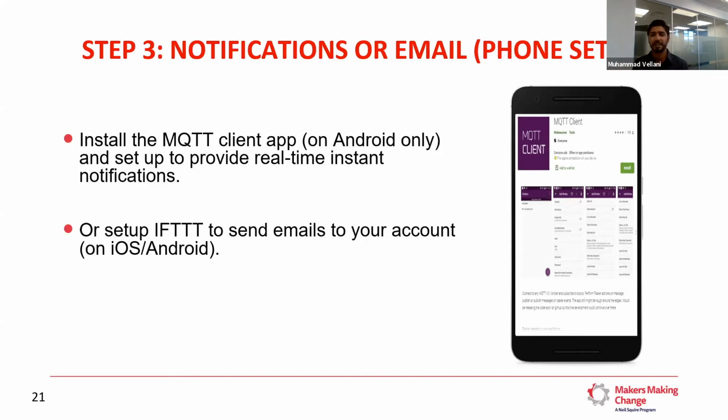With Android devices, I like this app called MQTT Client. When configuring this app, you just give the credentials of the server, and then whenever there's a new message on the server, whenever the door opens, a message is generated. The message is pushed to the app, and you see, hey, the door has opened, the door is closed.